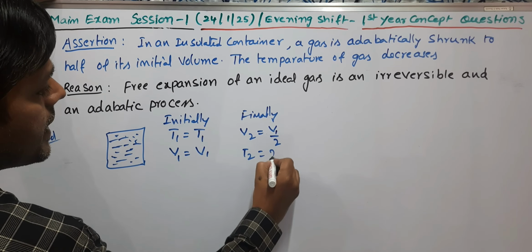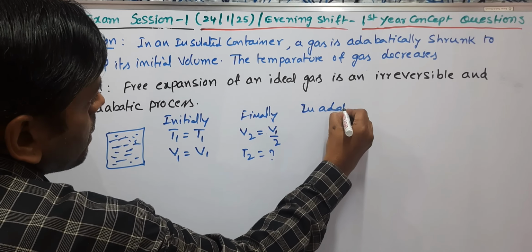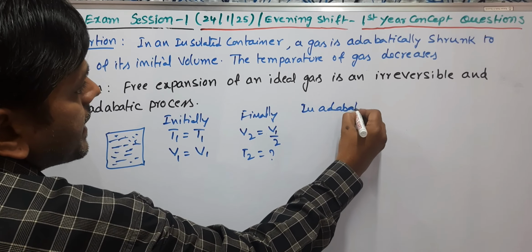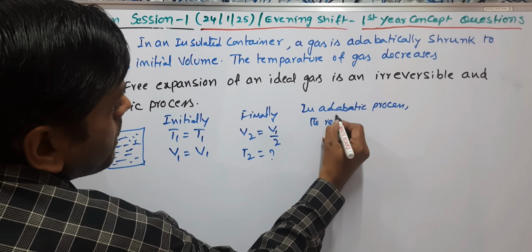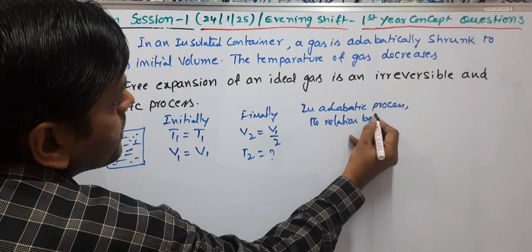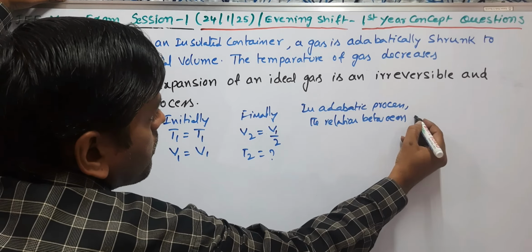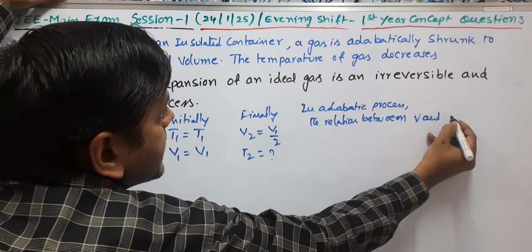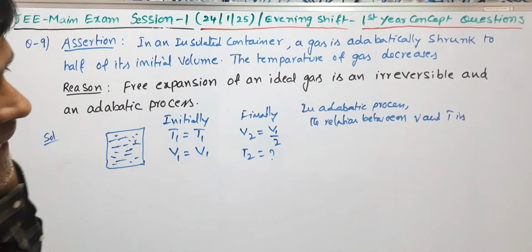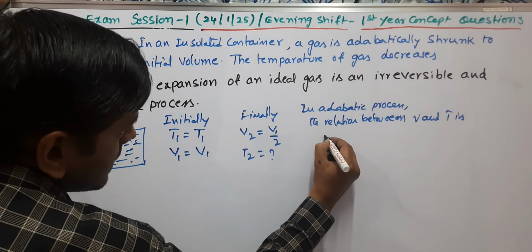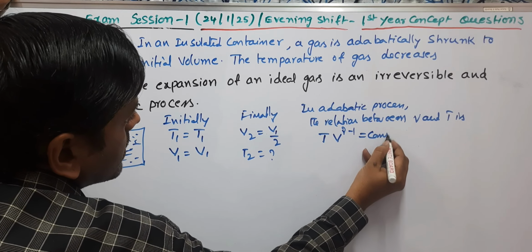Then what happened in temperature? You know, in adiabatic process, what is the relation between volume and temperature? T V power gamma minus 1 is equal to constant.